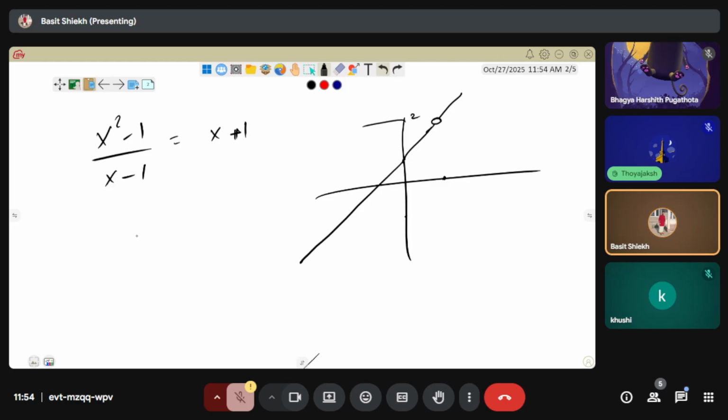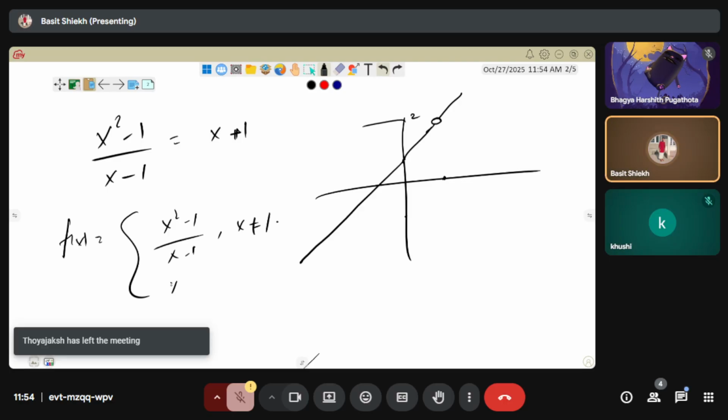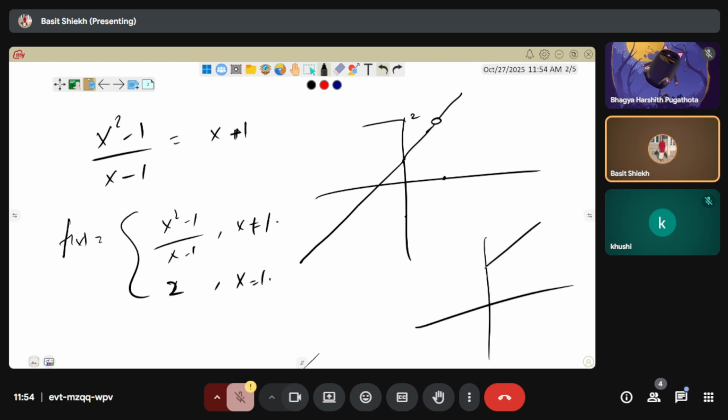v square minus u square is equal to 2as. Initial velocity is zero. If we redefine this function, v square equals 2 times f of x, where f of x equals x square minus 1 divided by x minus 1, with x not equal to 1. How much distance from A to B? The distance is x.